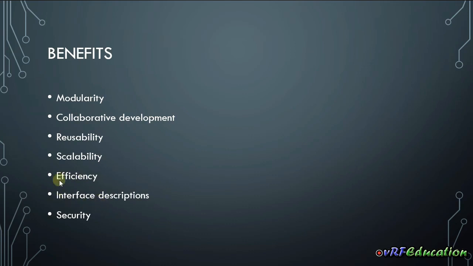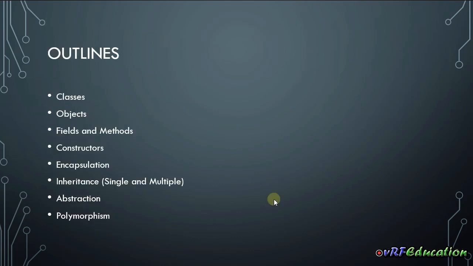Interface description is very important, especially in design patterns. We are just trying to know the objects and the services through their interfaces, not their implementation. This is very important. And security, the main aspect of this one is encapsulation in object-oriented programming, and we will talk about all of these in this series.